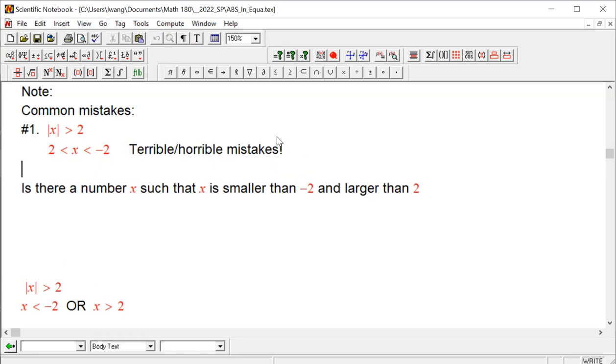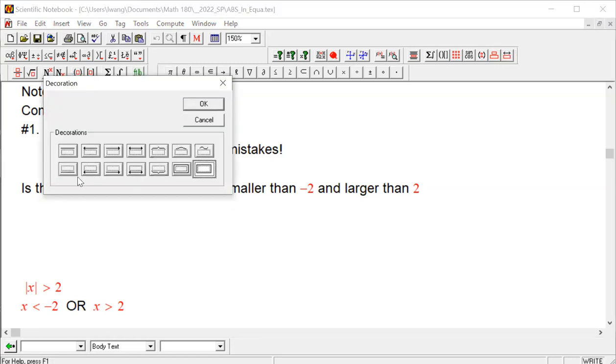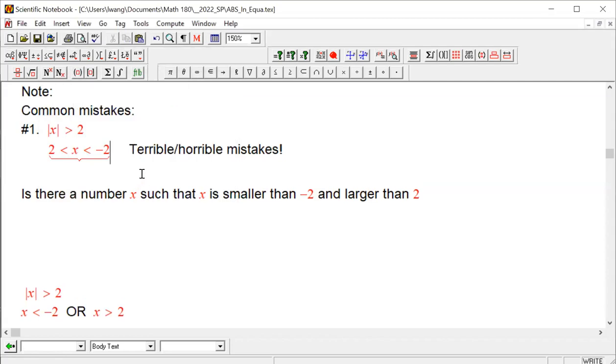Okay, because this sentence means, I'm going to write it down very carefully for you, because this is a very common, terrible, horrible mistake.